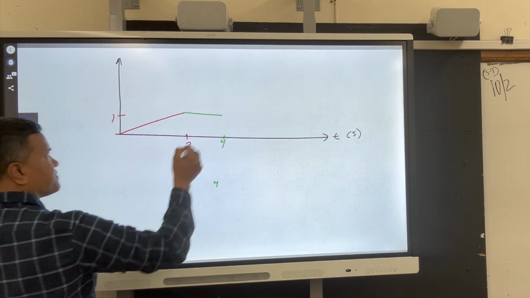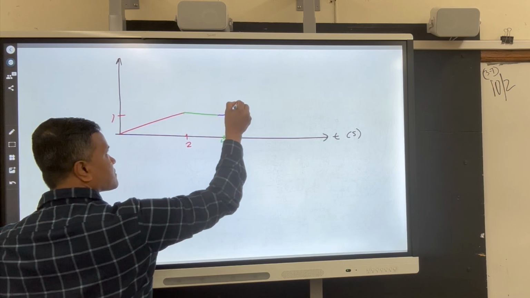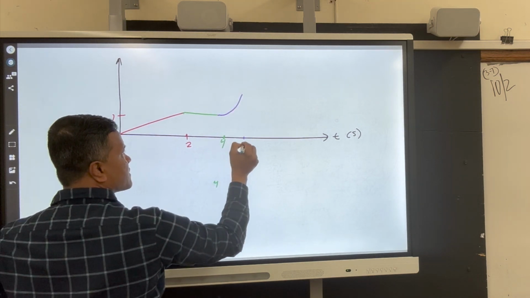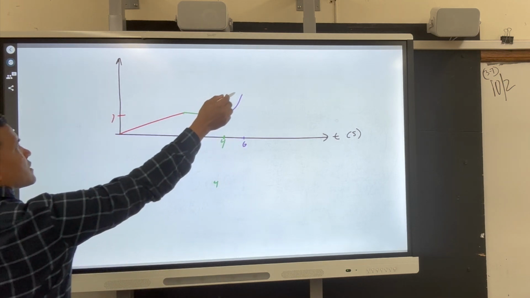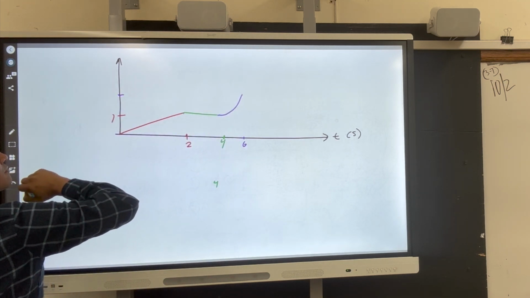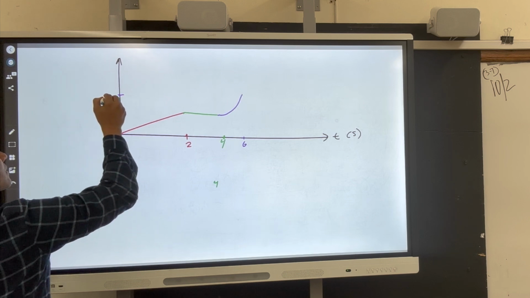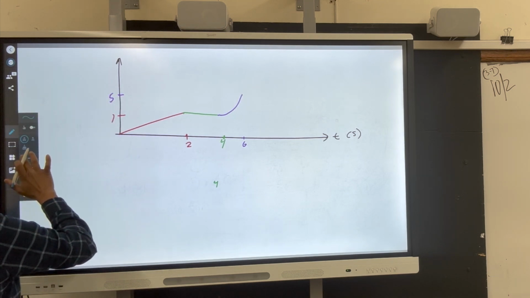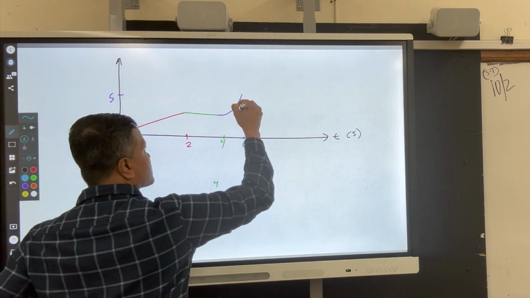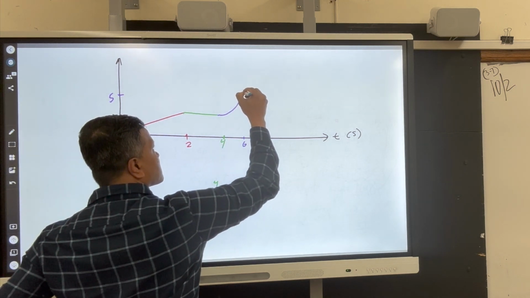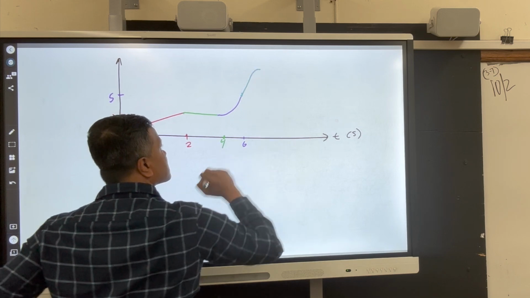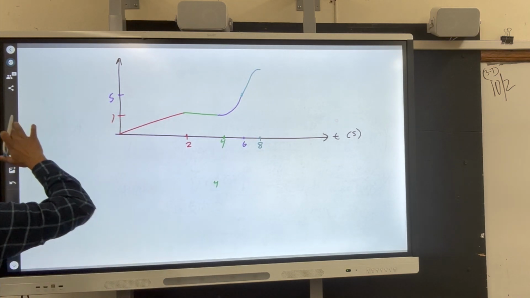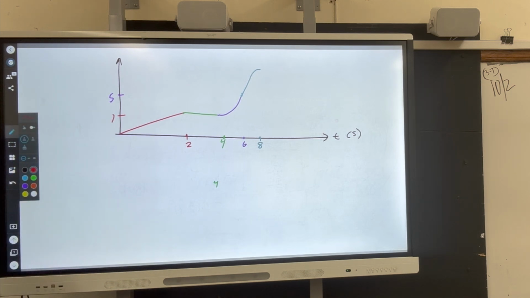Next 2 seconds, the car is speeding up. Next 2 seconds, the car is moving with constant velocity.